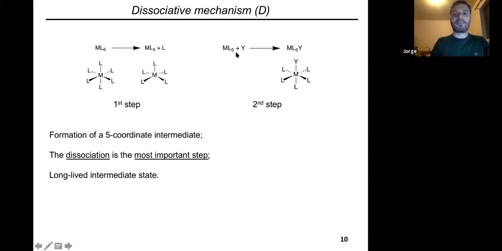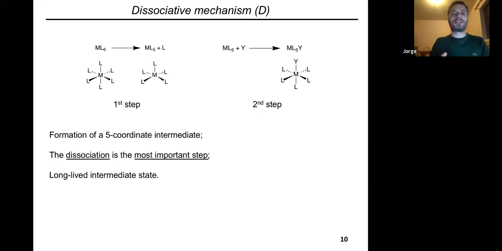And the second step is the addition of the Y ligand to the coordination sphere, and that forms ML5Y and restores the octahedral geometry. All right, so first step, dissociation. Second step, insertion of Y and forming the final compound.